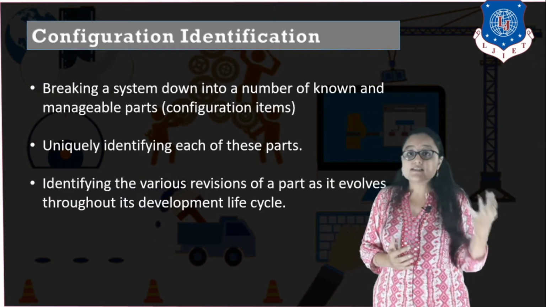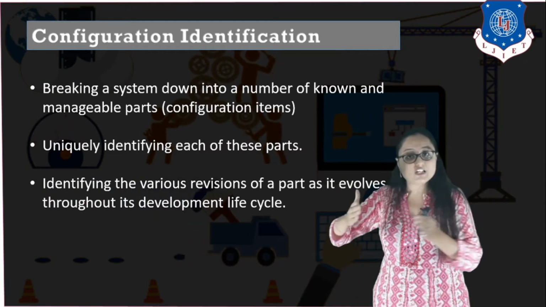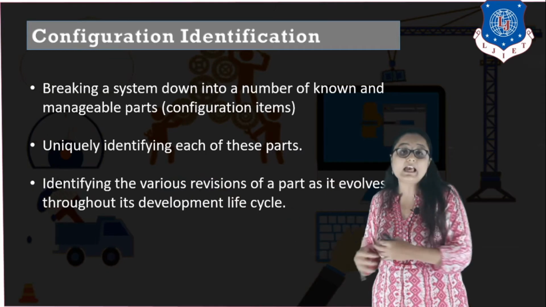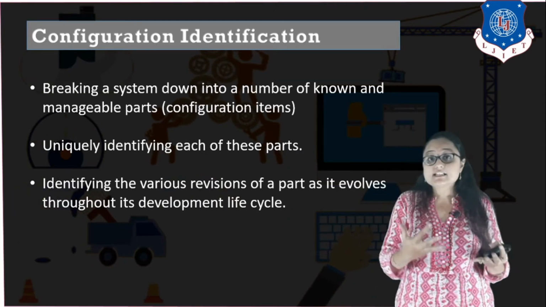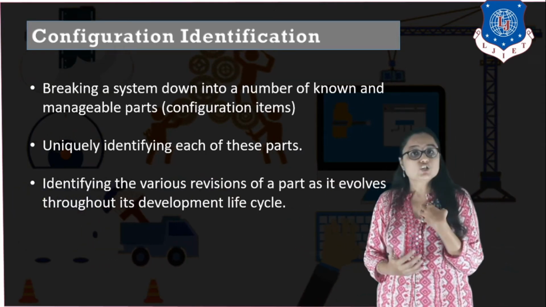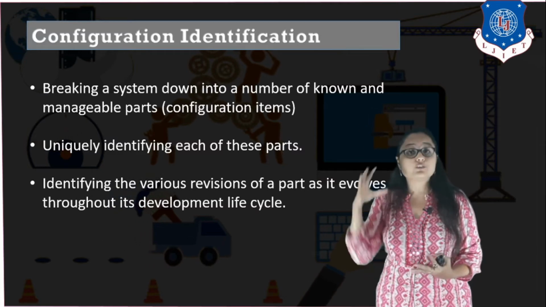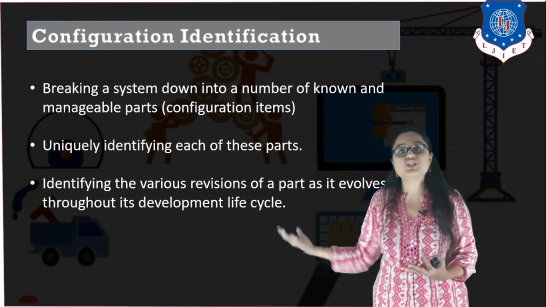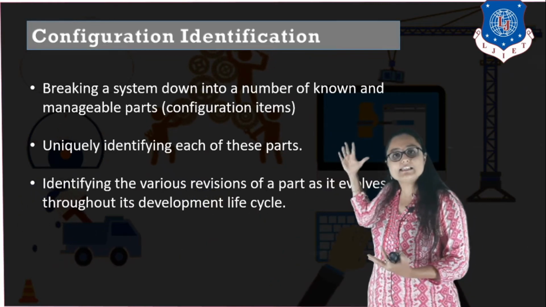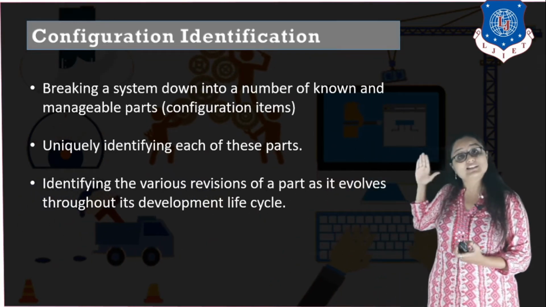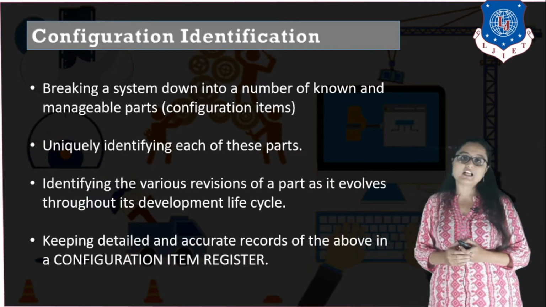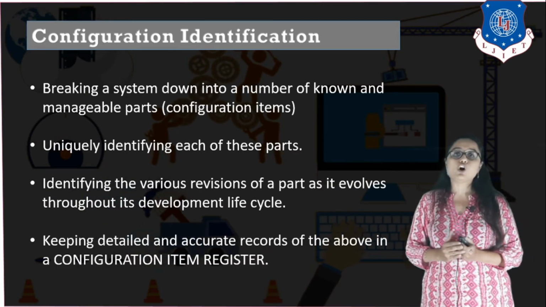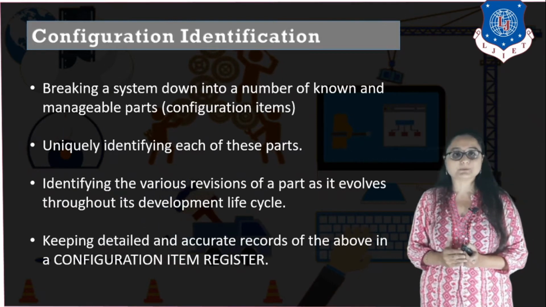Now in these 3 versions there will be uniquely identified configuration items and there will be changes in all the versions. I should be able to identify which configuration item was changed in which version, and who changed it, right? So that is the main thing: we first have to uniquely identify this configuration item, and the revision of this configuration item should be managed.